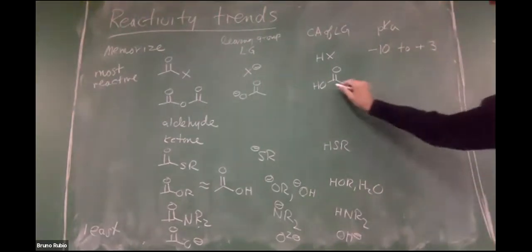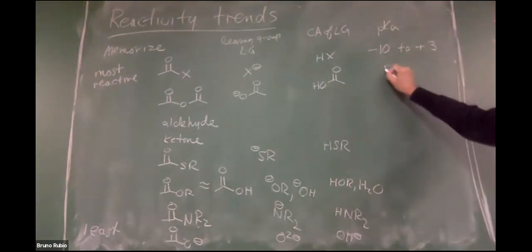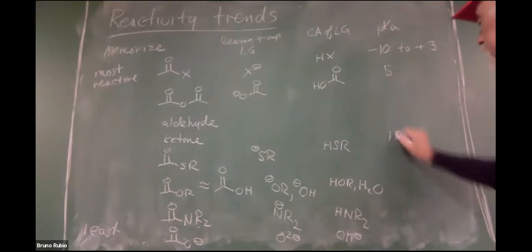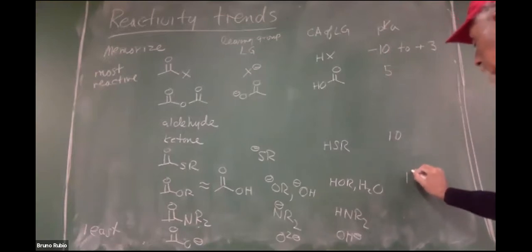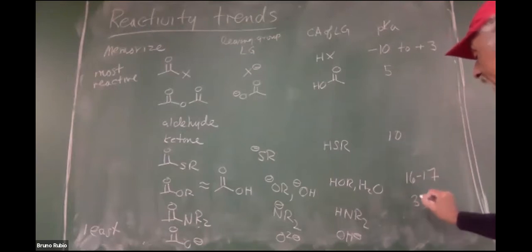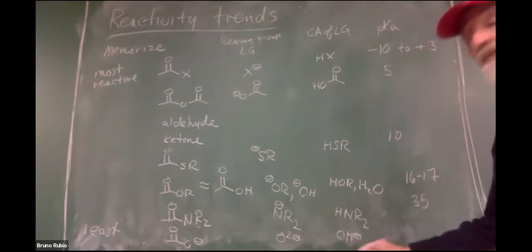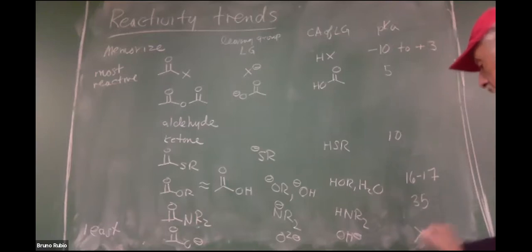The pKa of a carboxylic acid from that table is 5. This is 10. This is something between 16 and 17. This is 35. What's the pKa of OH minus? Greater than 50. That's not on the table, but I'm just telling you that.